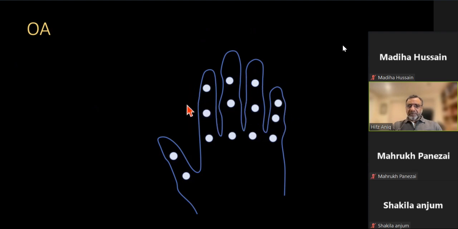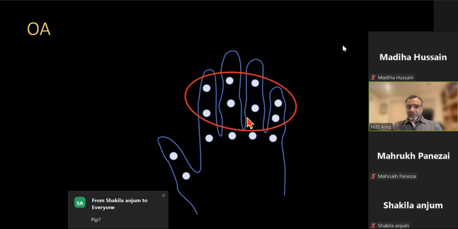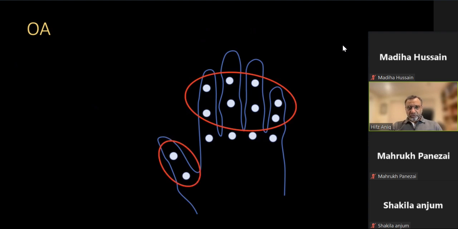The DIP and interphalangeal joints are mainly involved. Yeah, somebody, absolutely. Basically it involves the interphalangeal joints more commonly, and the metacarpophalangeal joints are less involved.